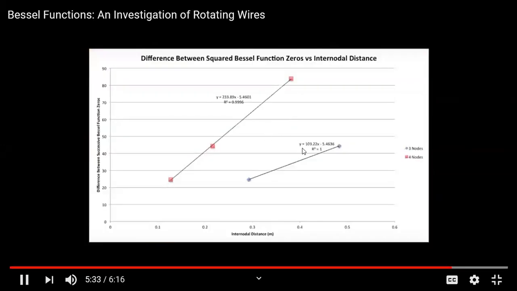And then probably at some point, you know, the physical reality of the beaded wire is going to take over. And so what he's doing is comparing the theoretical zeros to the ones that he measured.